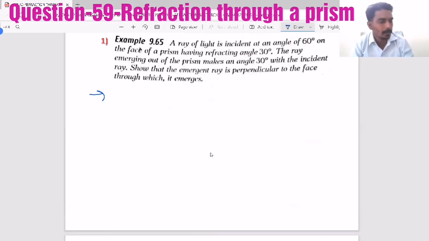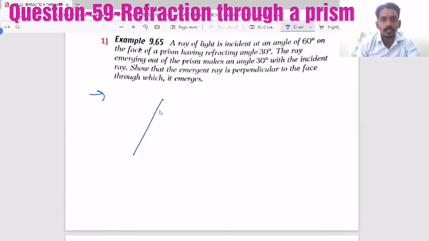The very first example is: a ray of light is incident at an angle of 60 degrees on the face of a prism having refracting angle 30 degrees. The ray emerging out of the prism makes an angle 30 degrees with the incident ray. Show that the emergent ray is perpendicular to the face through which it emerges.